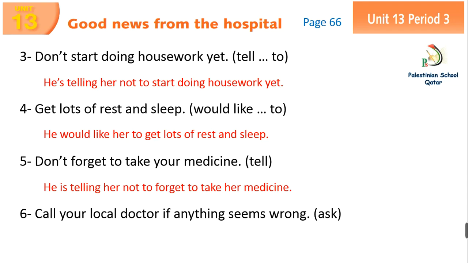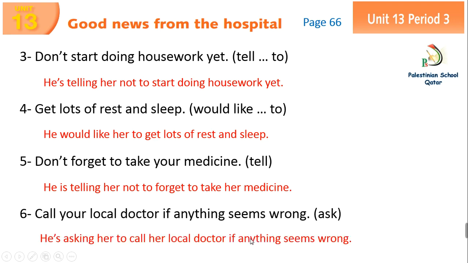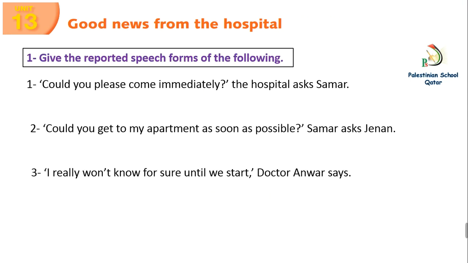Number six, call your local doctor if anything seems wrong. He wants us to use ask. We can say he is asking her to call her local doctor if anything seems wrong. Now we have this exercise, everyone. Give the reported speech for the following.